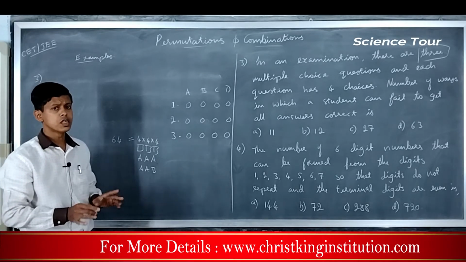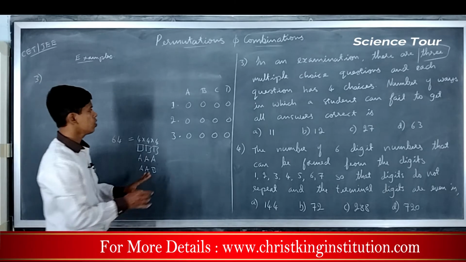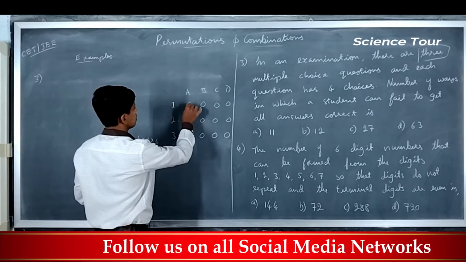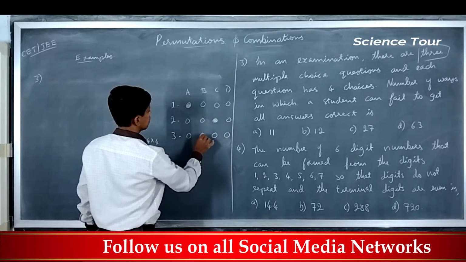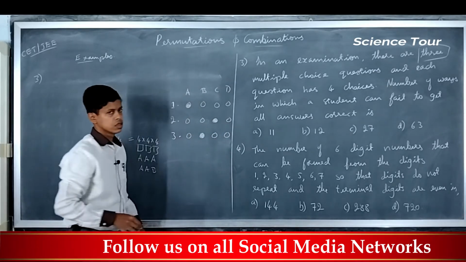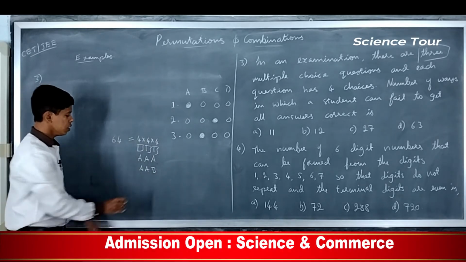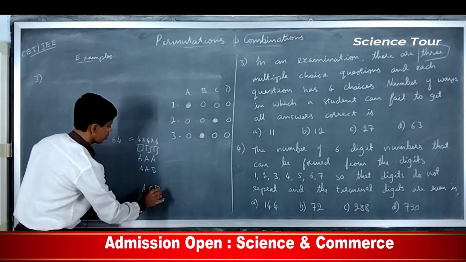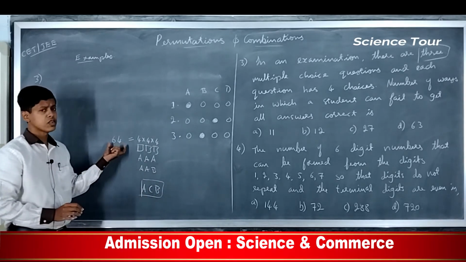Out of this only one is the right answer, correct? Let us say A, and then here C, and here B. So only A, C, B is the right answer. So only one code is right out of 64.